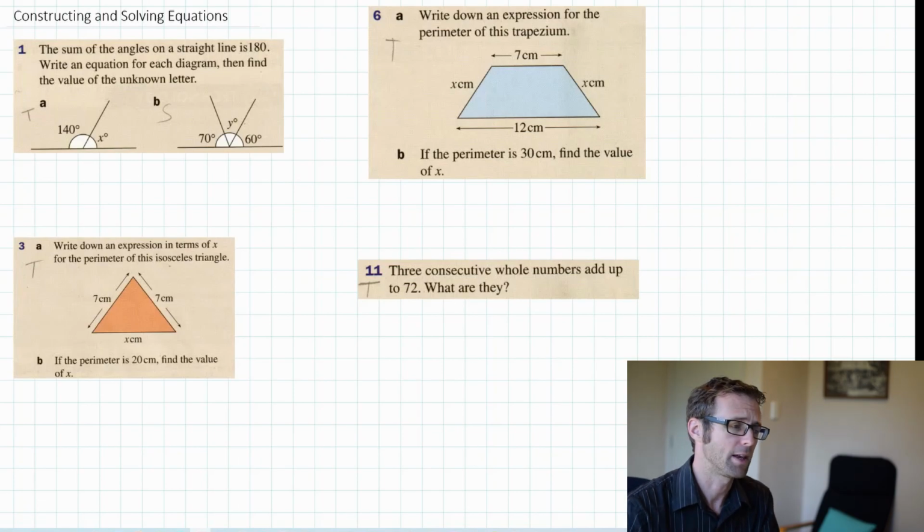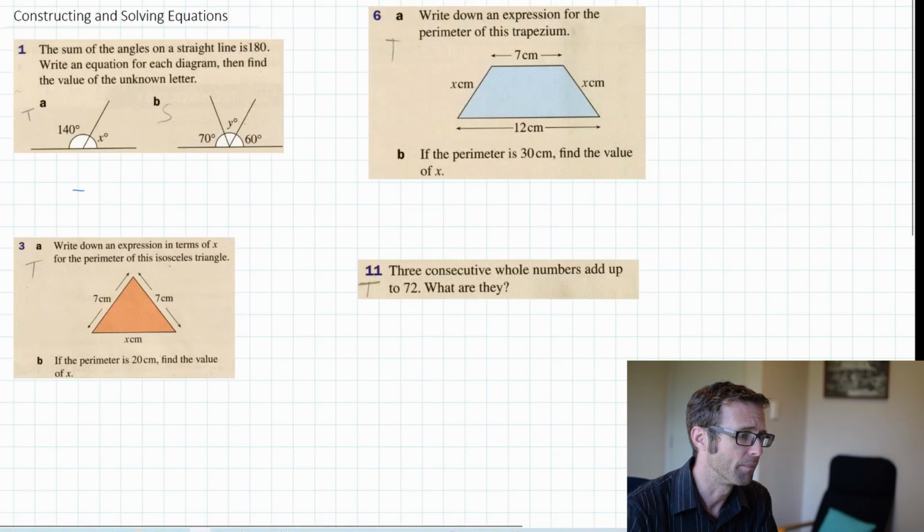The first one I have here is number 1a. The sum of the angles on a straight line is 180, and I need to write an equation for each diagram and then find the value of the unknown letter. In this case, I'm just going to do A, and you'll be able to do B on your own after this.